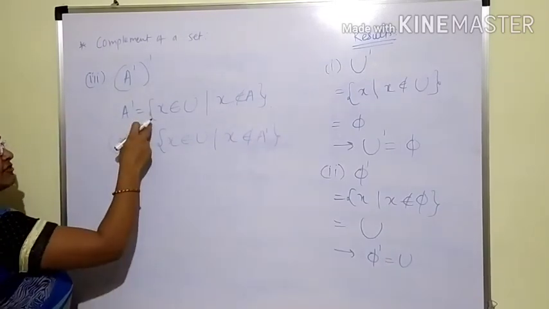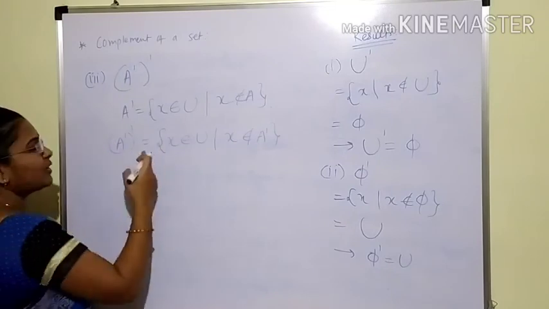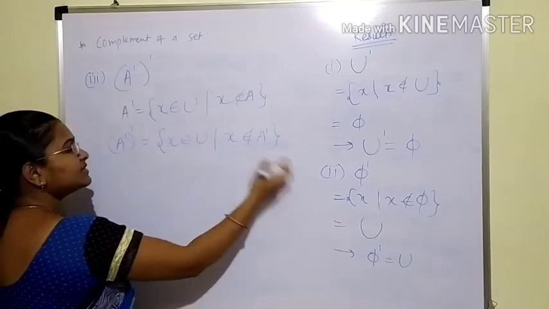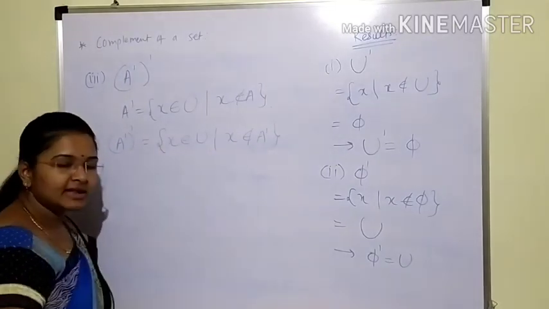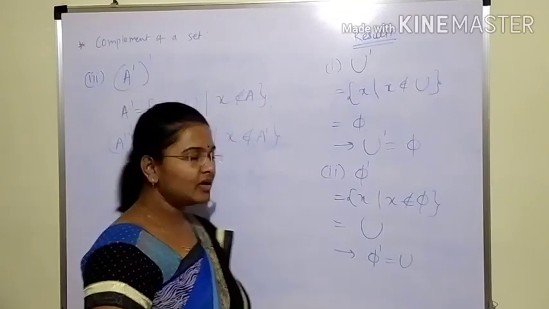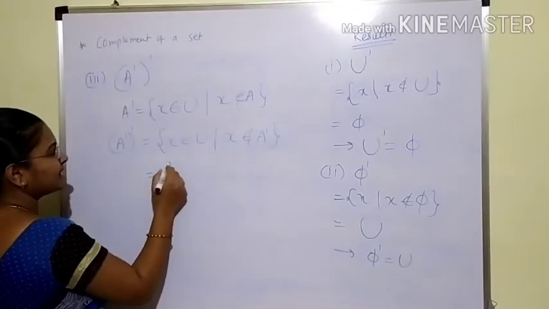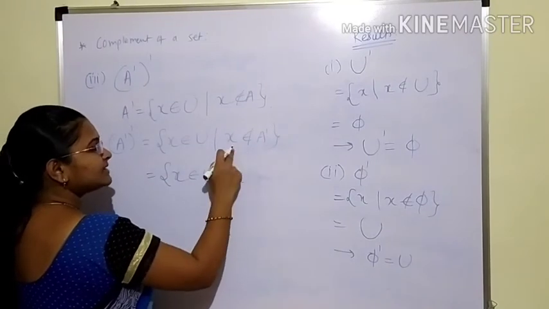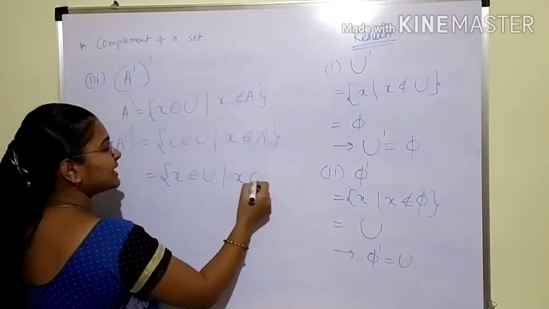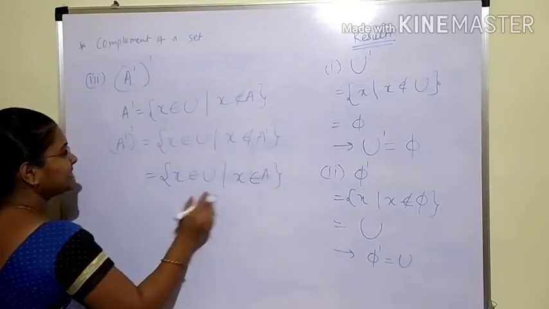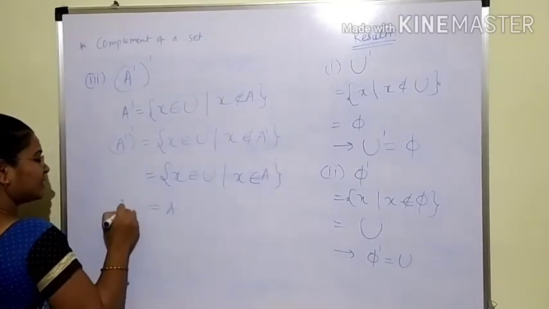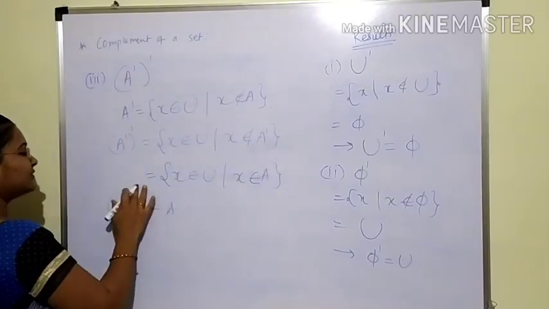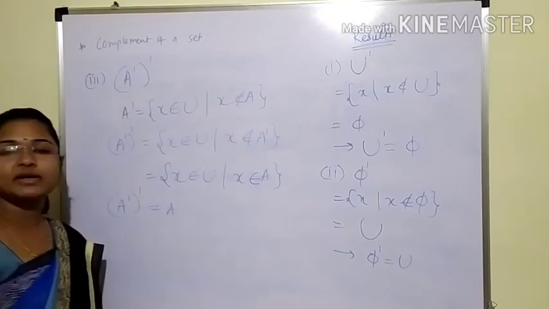If x is not in the complement of A, then x must be in A. So this set is nothing but A. So the complement of the complement of a set is nothing but the original set.